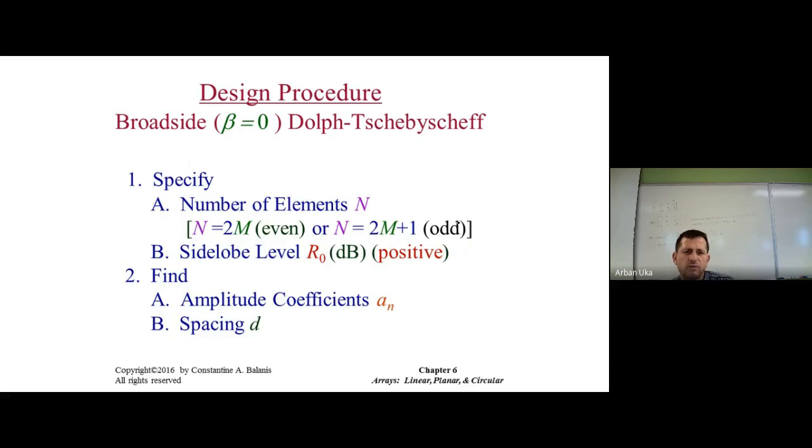Now, when it comes to trying to design an antenna using Chebyshev polynomials, the antenna can be called Dolph-Chebyshev. Let's see how we can design it, and let's assume we're going to have a broadside antenna. For a broadside antenna, we know that the phase difference between any two antenna components should be equal to 0.